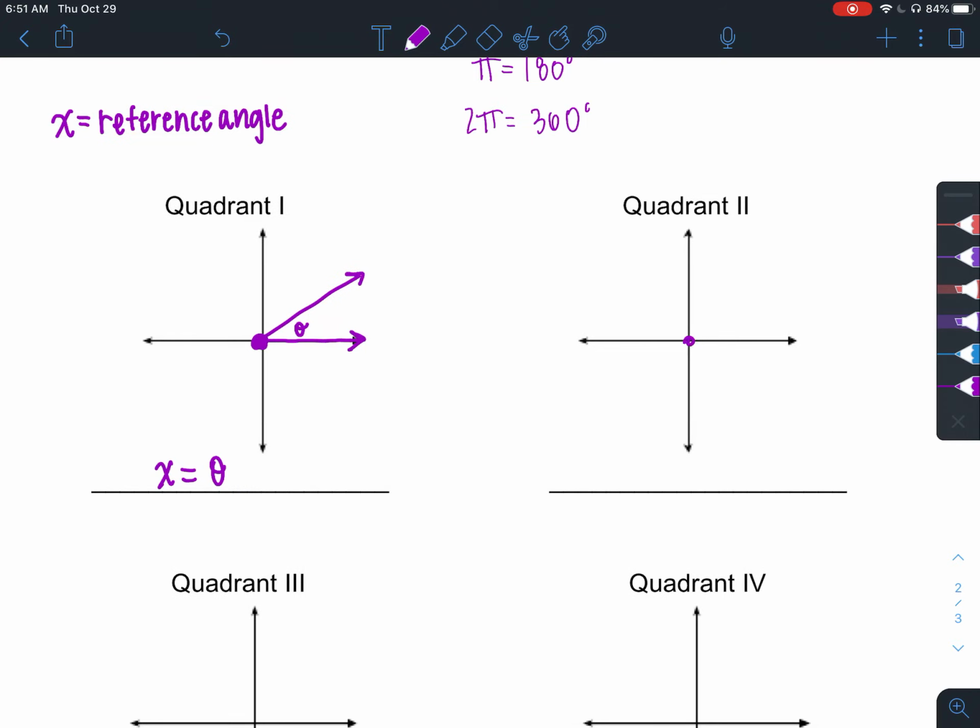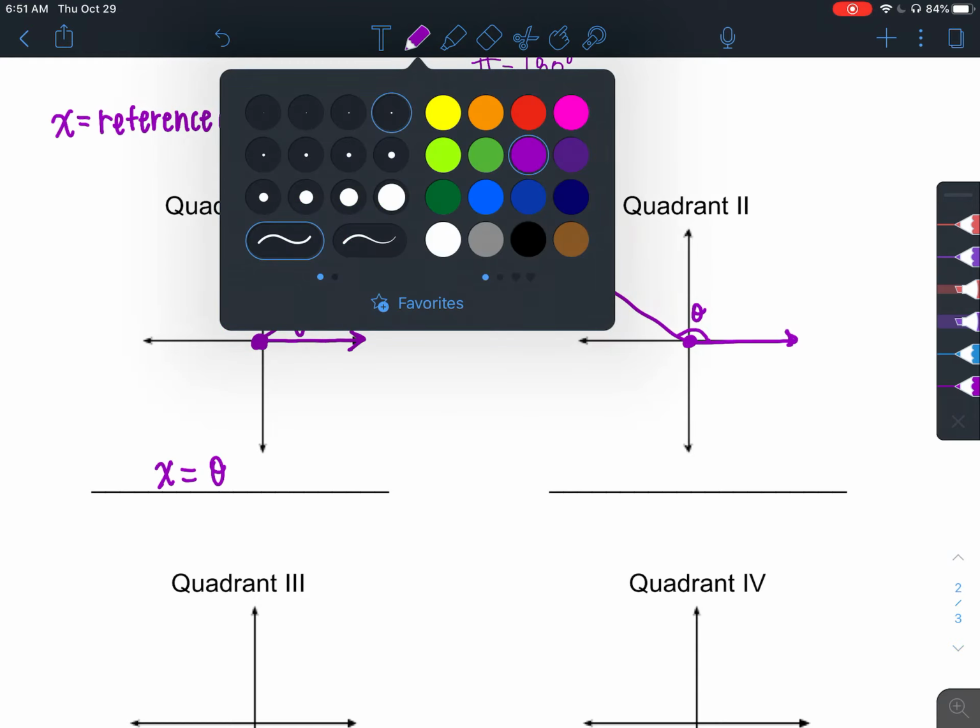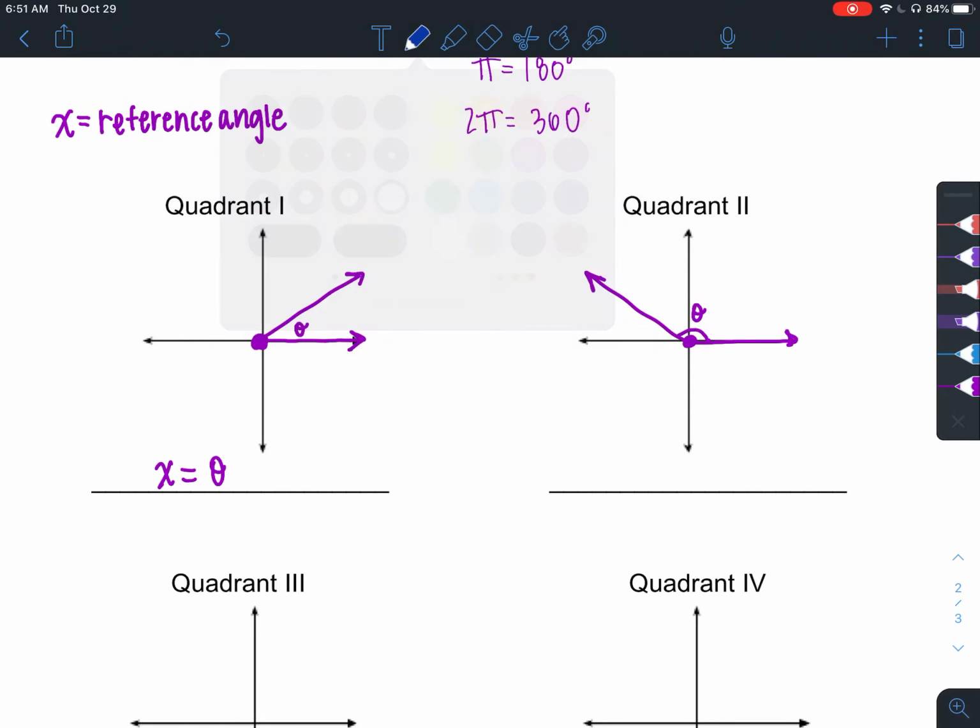Right, quadrant 2, again, write a standard angle going into the second quadrant. This is theta. Now, the angle I'm trying to find is this one right here. That creates my reference angle over here. So you'll probably remember that from the video we watched.